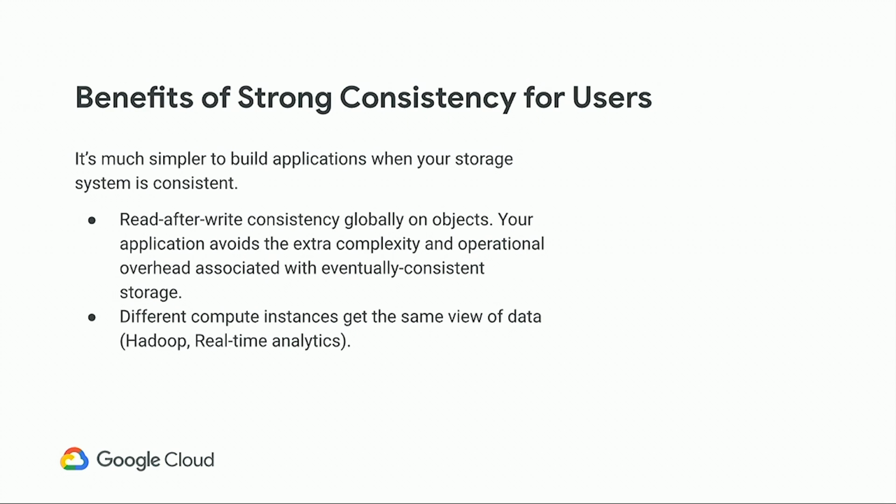It sounds kind of obvious, like really every storage system should work this way, but there are a lot of storage systems out there that don't actually provide this guarantee, that are only eventually consistent, especially when you're talking about geo-redundancy. And this makes applications a lot simpler.